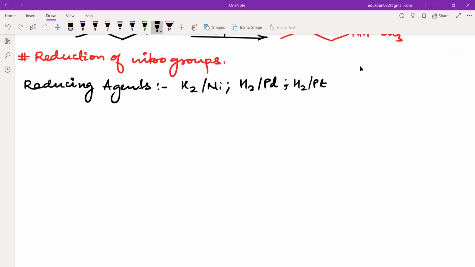There is another class of reducing agent, which is Sn in the presence of HCl, or iron in the presence of HCl. So these are the two classes. Next, you can use LiAlH4 also. These are known as active metals, reduction by active metals.